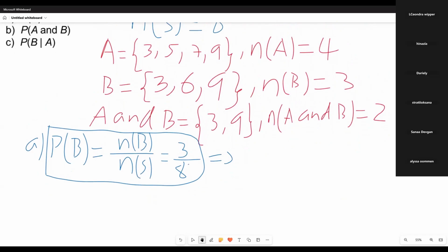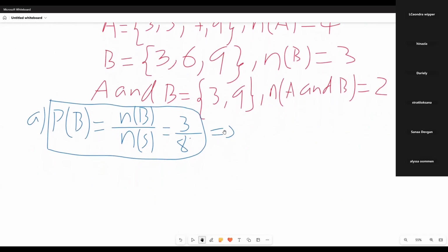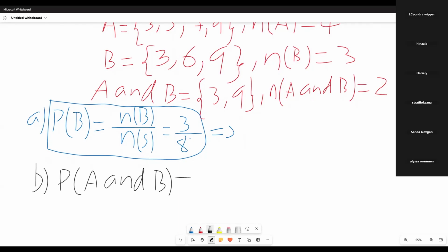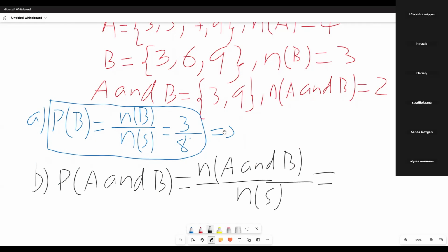Now they also ask to find P of A and B. P of A and B will be N of A and B over N of S. So that's 2 over 8.